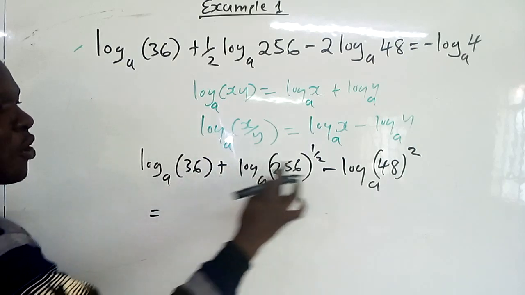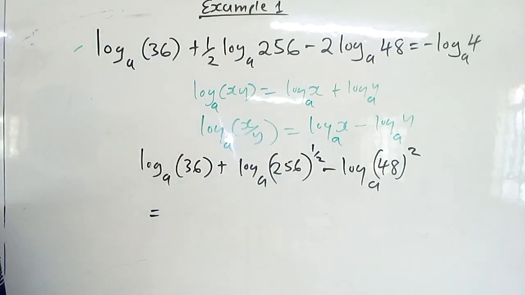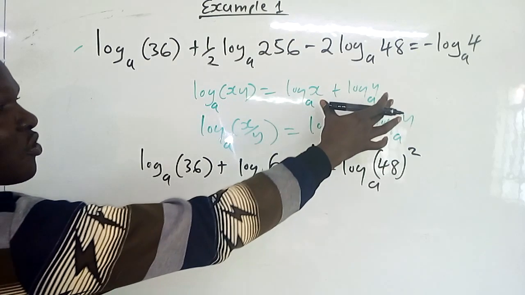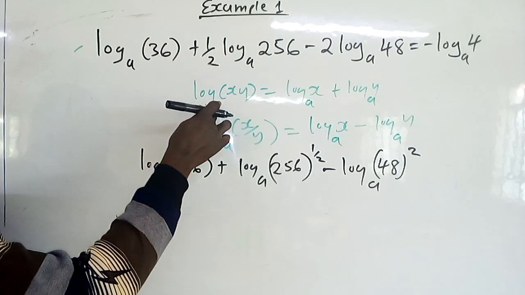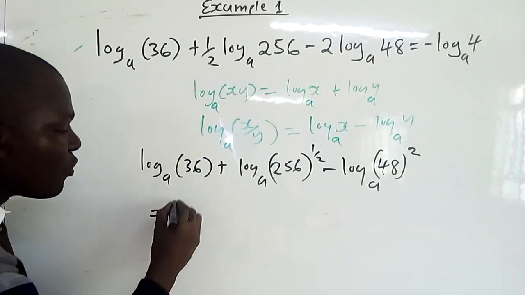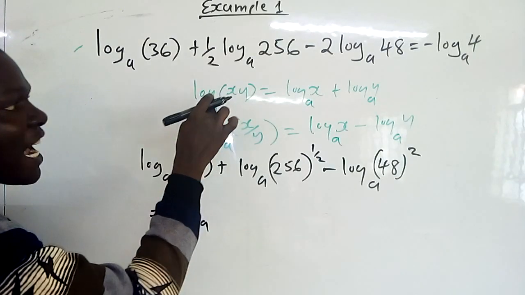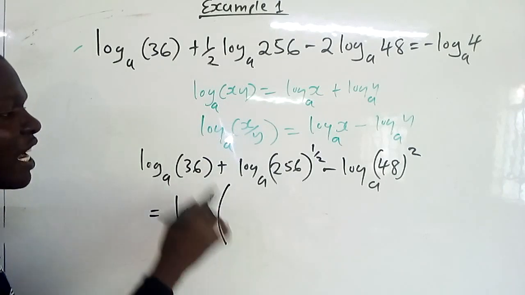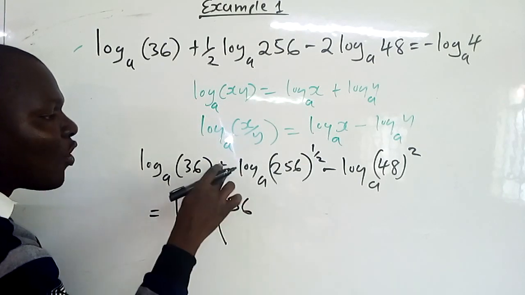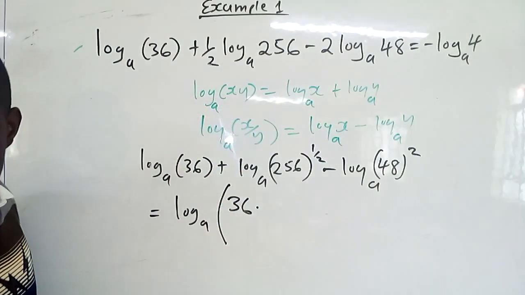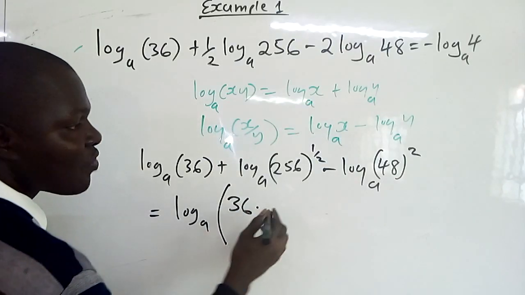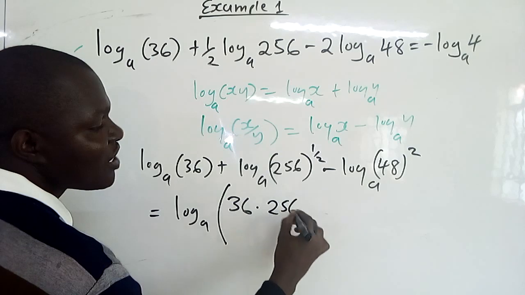So this one is equal to what? Now we don't have the coefficients. That is the first step, to get rid of the coefficients. After that, we put everything under a single log to base a. Where there's addition, if you remove the log to base a outside, it goes back to multiplication the way it was, so we have 36 times 256 raised to power half.